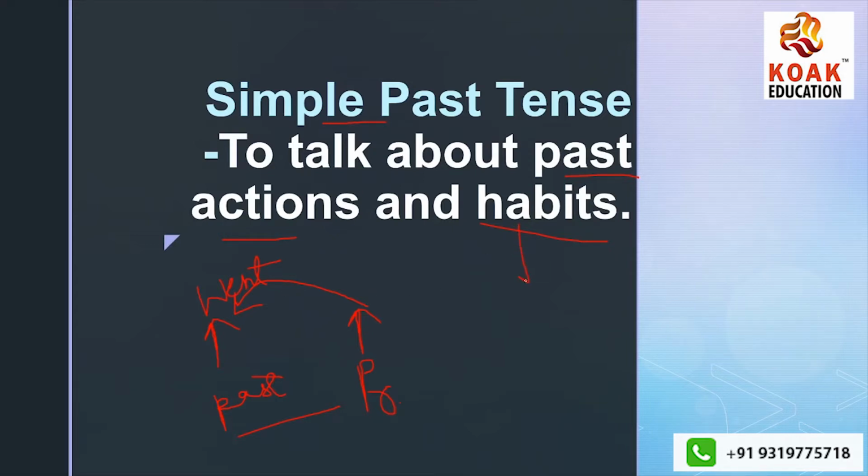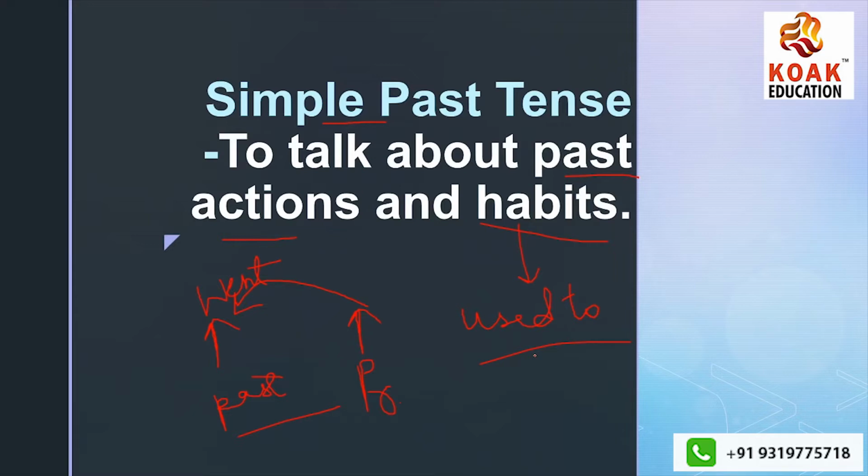For habits, there is a set defined form, that is used to. For example, if I say, my brother used to drive fast on the roads when he was young.